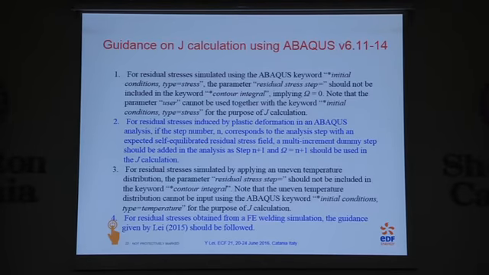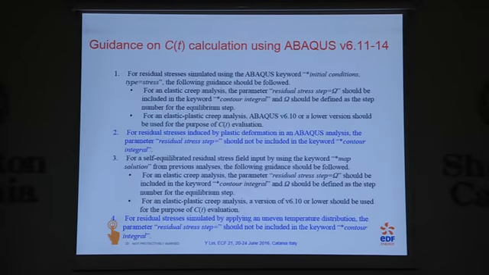Then I generated guidance, which I effectively wrote in the paper for J and for K. For K it basically tells you how to avoid that extra term being included. For some cases you cannot do that, and you have to use the old version instead of the new version option.